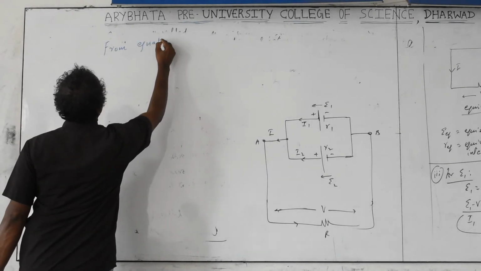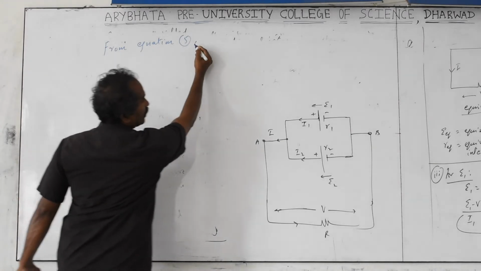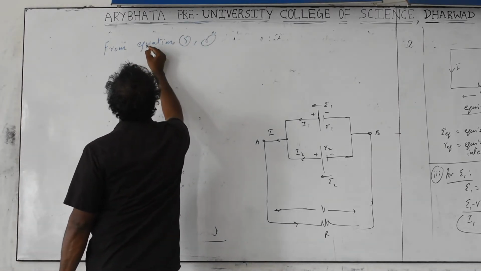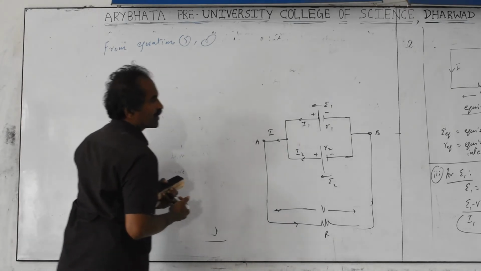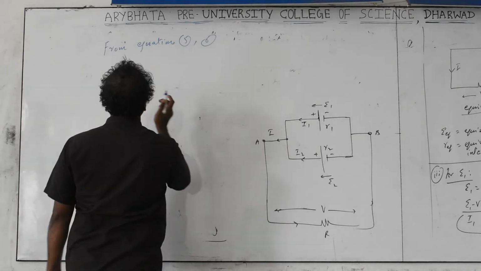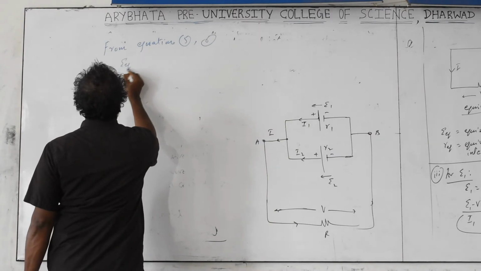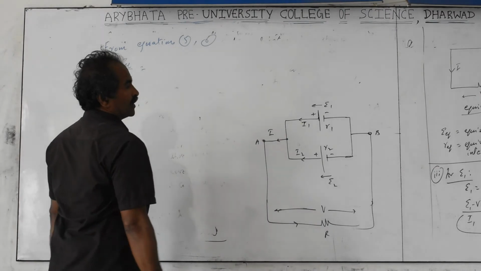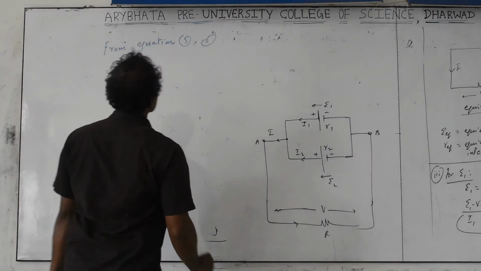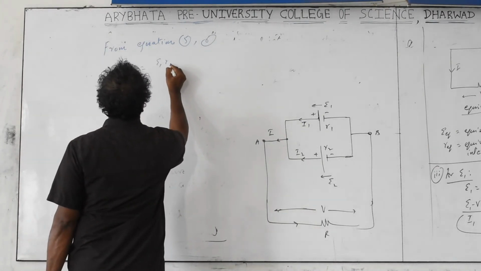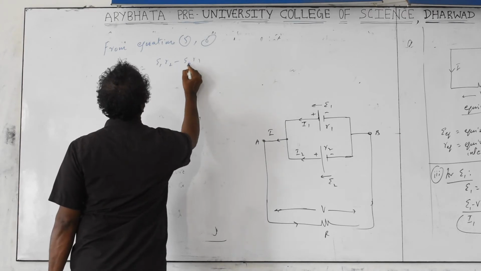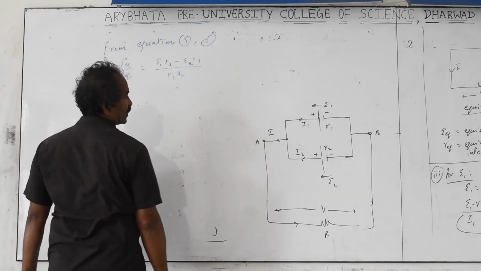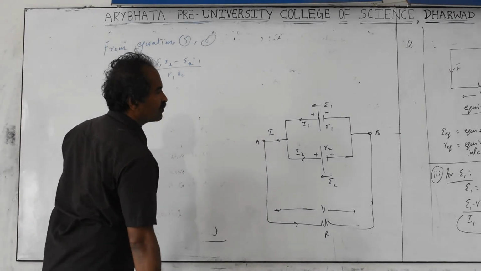From equations 5 and 6, what you have is E equivalent by R equivalent is equal to E1 R2 minus E2 R1 by R1 R2. This R equivalent we have to substitute. R equivalent is R1 R2 by R1 plus R2.